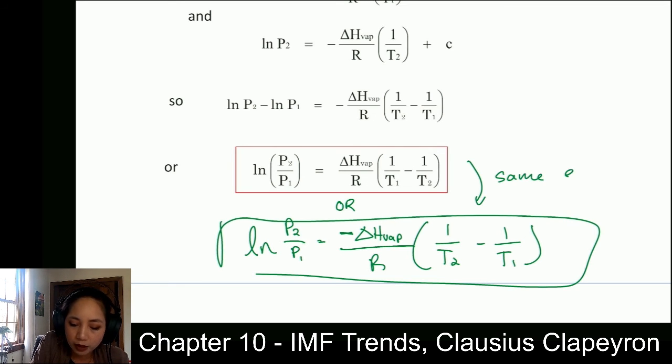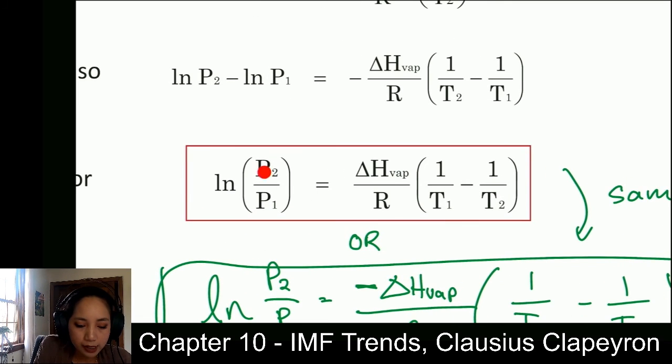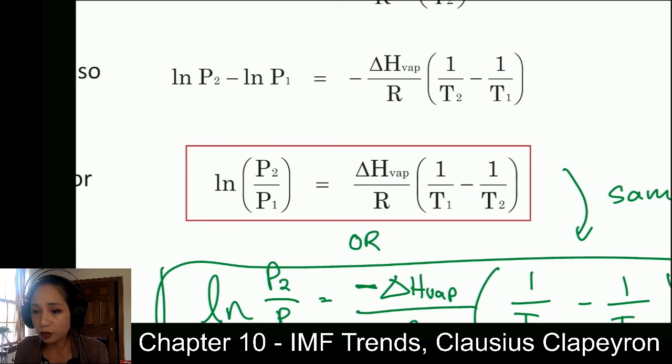equation. The reason I give both of these is because, as you notice here, we put pressure 2 over pressure 1. And then when we do this difference in temperature, we do 1 over T1 minus 1 over T2. So see how we lost that negative sign, but we do 2 over 1 and then 1 minus 2. I feel like sometimes that confuses students, and you have these changes in condition 1 versus condition 2.